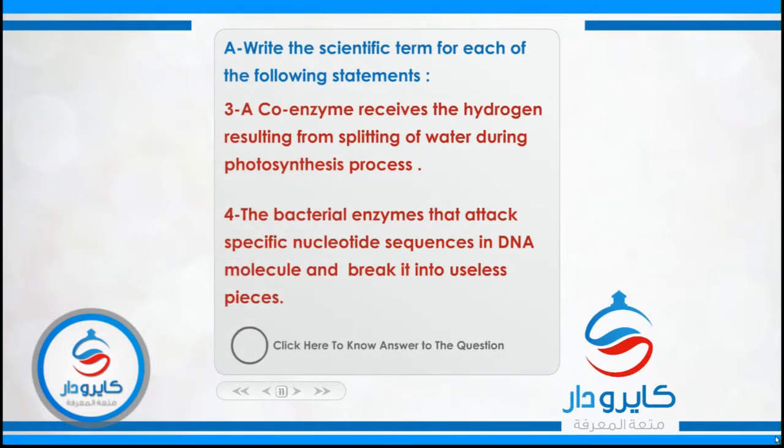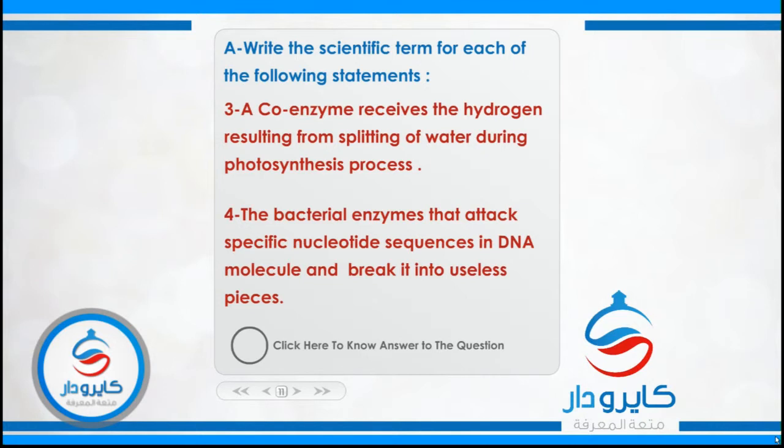A coenzyme that receives the hydrogen resulting from the splitting of the water during the photosynthesis process. We understand that during the light reaction, the high amount of energy in the active chlorophyll is divided into two parts. Part of the energy is used in splitting H2O into hydrogen and oxygen. The other part changes ADP into ATP.